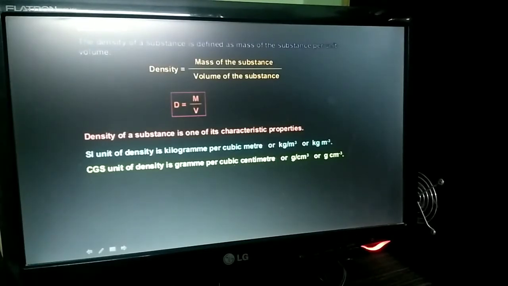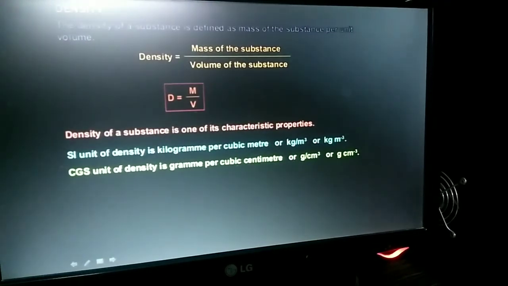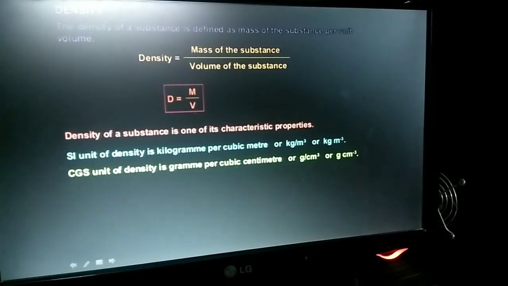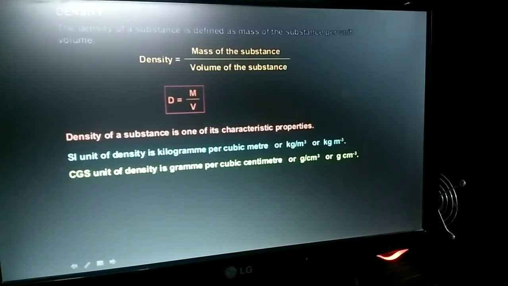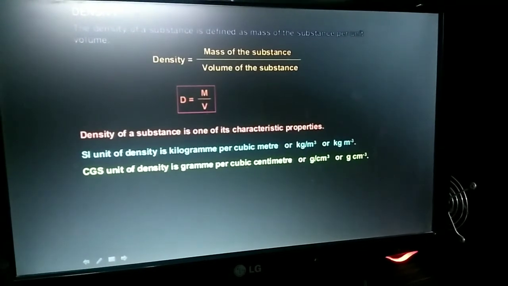Once again, the density. Density of an object is defined as the ratio of its mass per unit volume. Mathematically, density is equal to mass of the substance divided by volume of the substance.